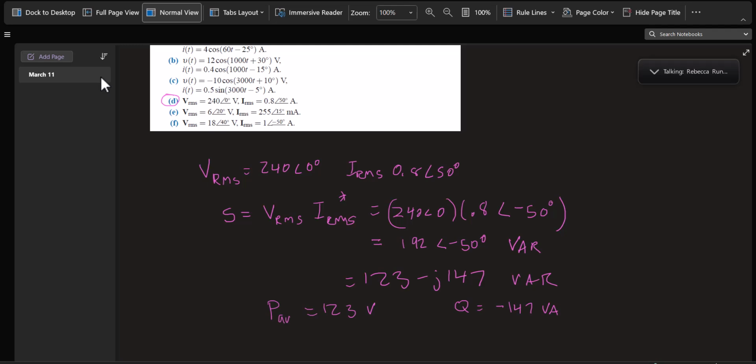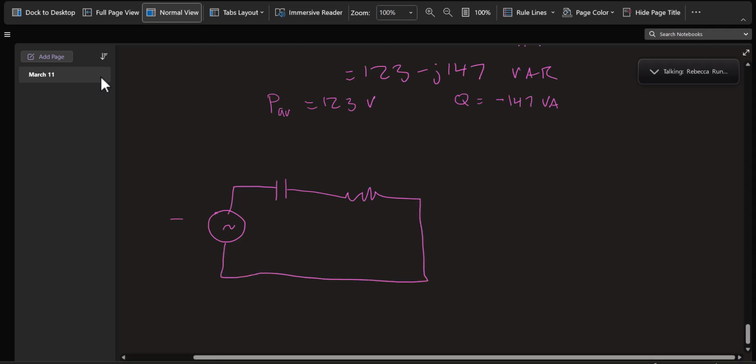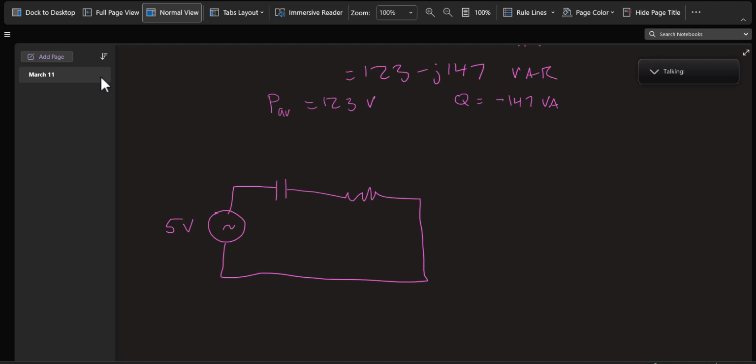Okay, so along those lines, this is the next one in the handout. It has a lot of words in the handout that you don't really need. XC is 4 kiloohms, but we know that's a capacitor.